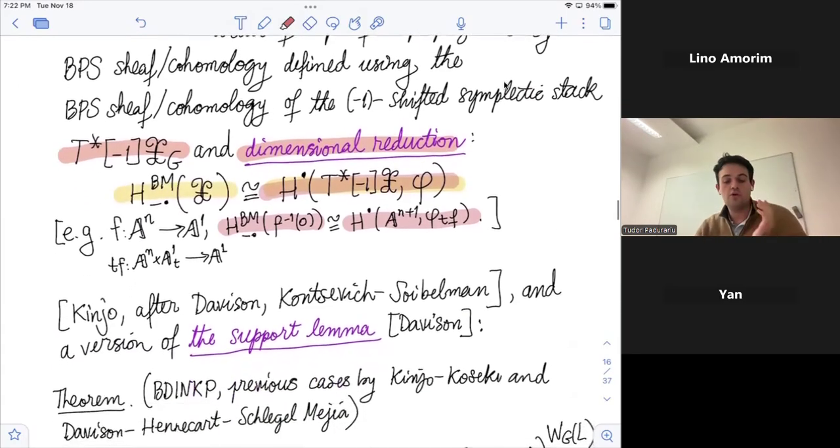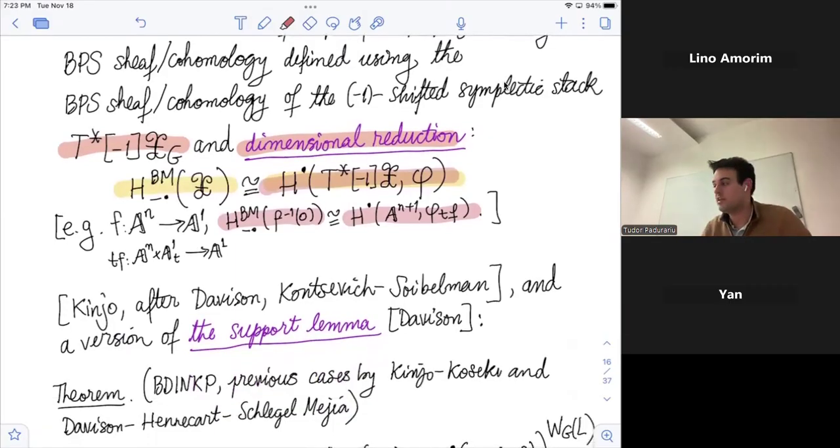And then we also need, okay, so now we just get a sheaf, but it's on the good moduli space of T*[-1]X, via some natural maps, for example, via a push forward. And this is where these ideas of factorization structures appear.